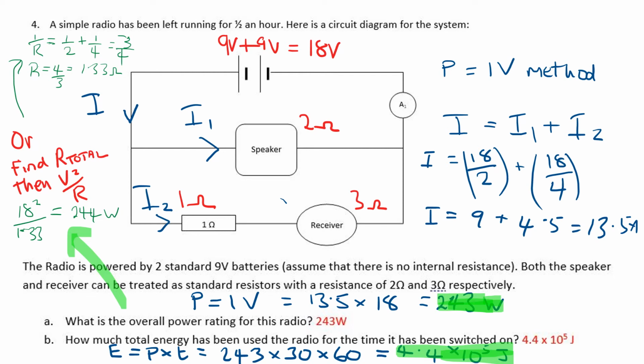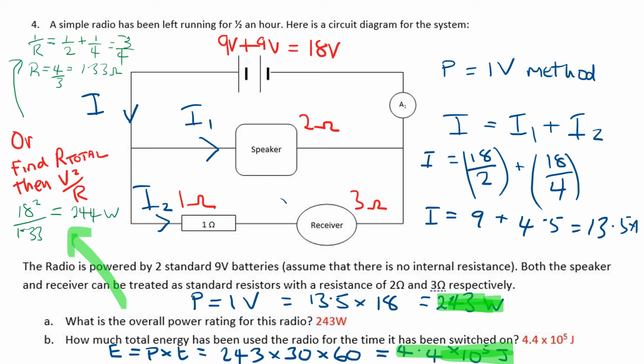The alternative method, shown on the left here, is to find the total circuit resistance and then use V squared over R. So using the 1 over R total equals 1 over R1 plus 1 over R2 method, we get 1 over R equals 1 over 2 plus 1 over 4. So remember, it's a 1 ohm and a 3 ohm resistor in series, so that becomes a 4 ohm resistor.